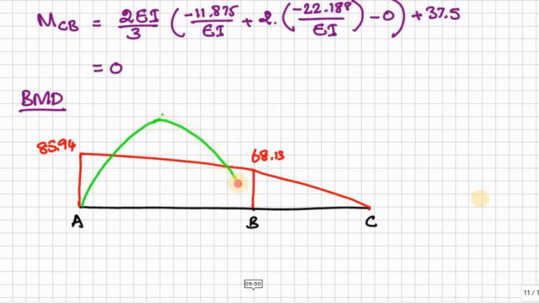For the AB span we have a parabolic distribution because of UDL, and the maximum moment is equal to 120 at midspan of AB, and over BC we have a point load, therefore a triangular distribution, and the maximum moment is 75 kilonewton meter. So these are the positive region and these are the negative region. So this is the net bending moment diagram. So this is the end of this video.